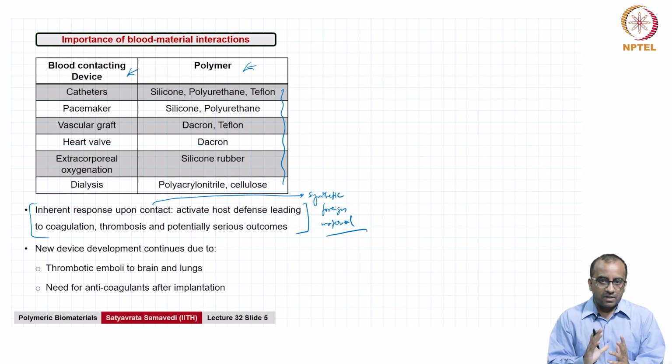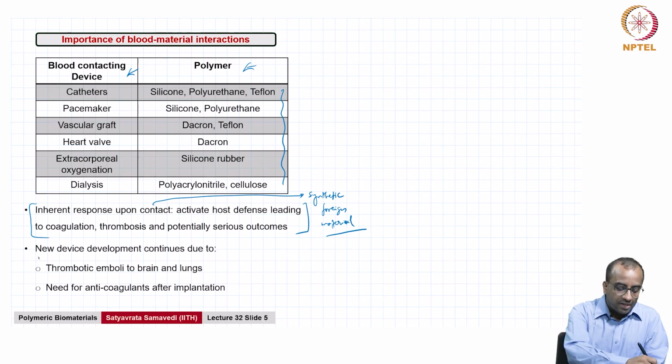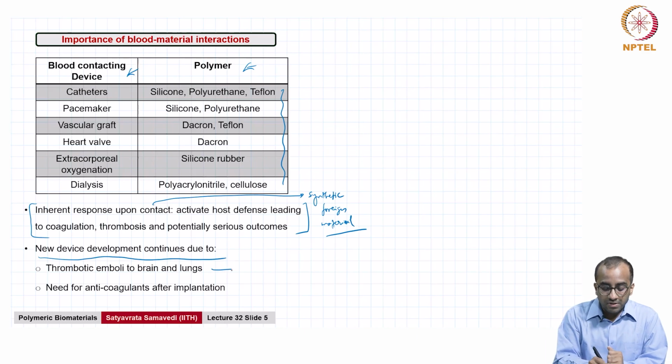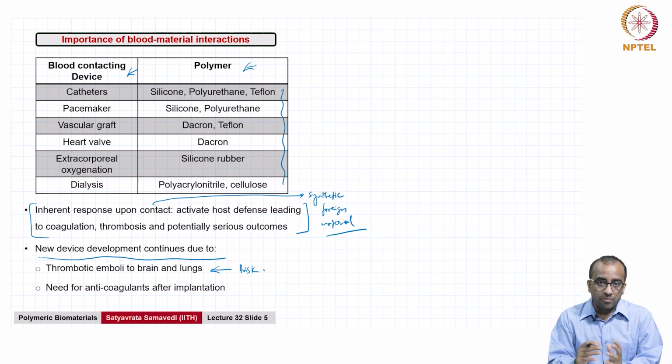And therefore, from a biomaterial design perspective or an engineering perspective, new device development continues because of the risk of thrombosis and thrombotic emboli to brain and lungs.